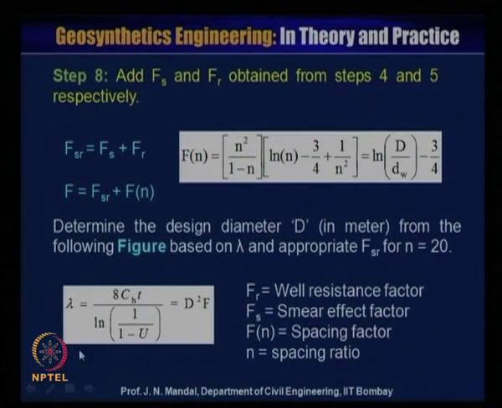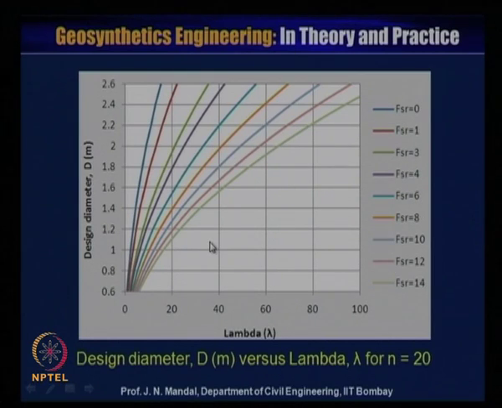From these 3 equations you can calculate the 3 different factors, and n is equal to the spacing ratio, that is d by small dw, and lambda can be expressed as 8 CHT by log n, 1 upon 1 minus u, or is equal to d square into F. So now this lambda here is the design diameter, that is d in meter, versus the lambda for n is equal to 20, and here FSR is maybe 0, 1, 3, 4, 6, 8, 10, 12 and 14 for different values.